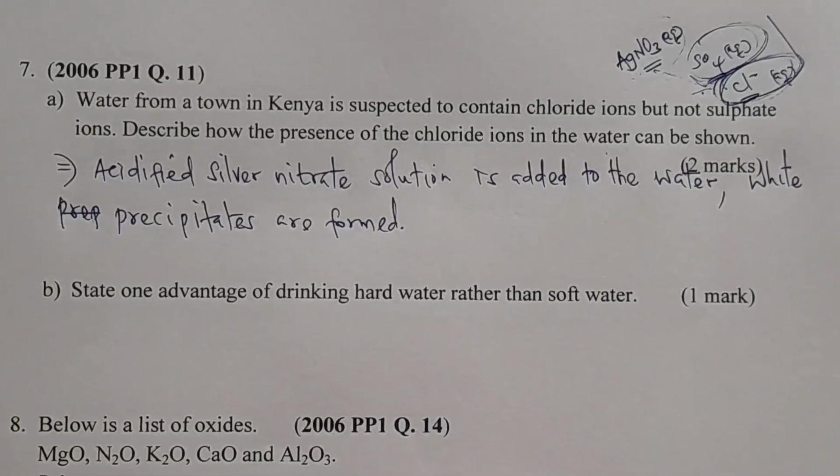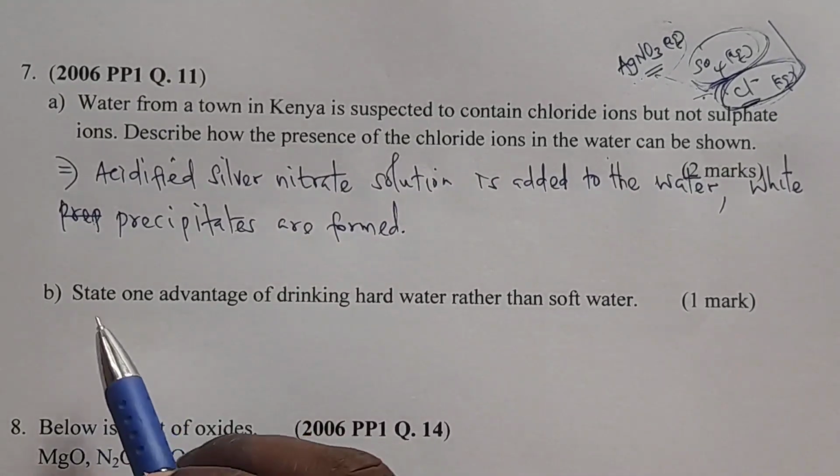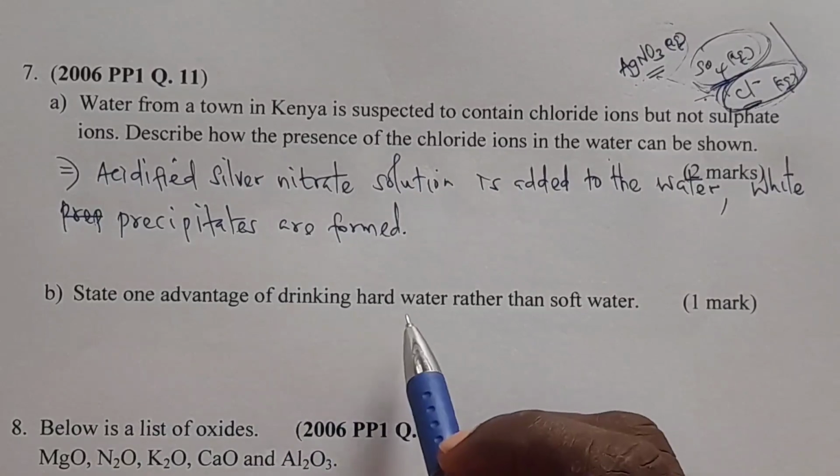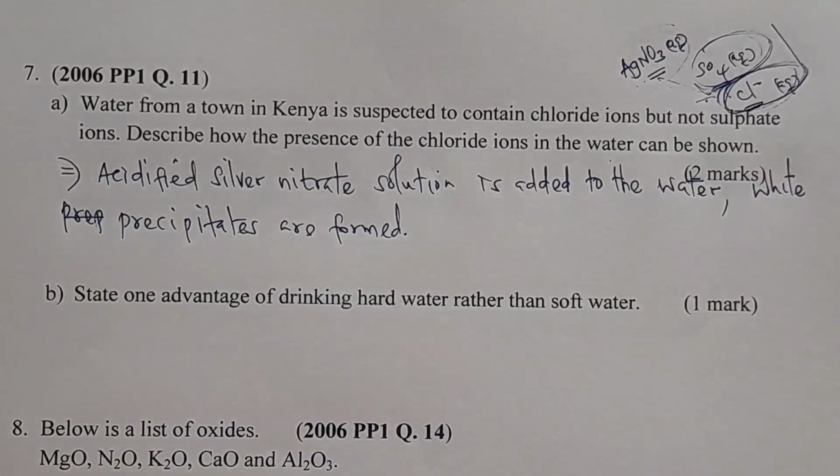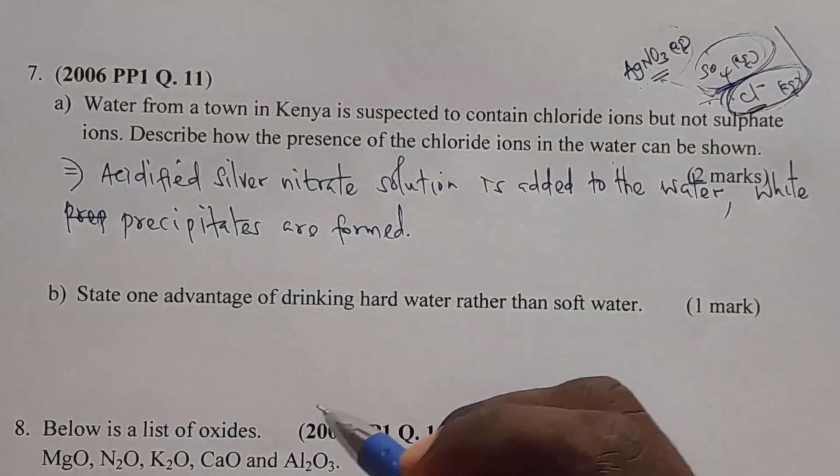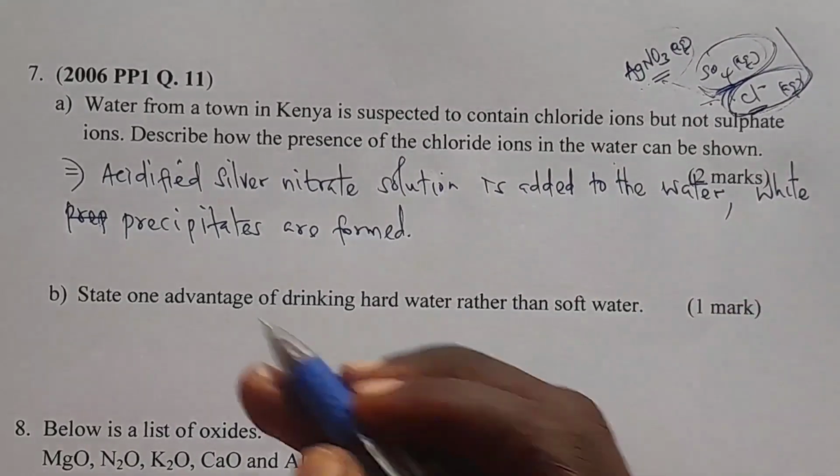So for part B of the question, we are told to state one advantage of drinking hard water rather than soft water. Remember, we had advantages of hard water, but we are told one advantage.